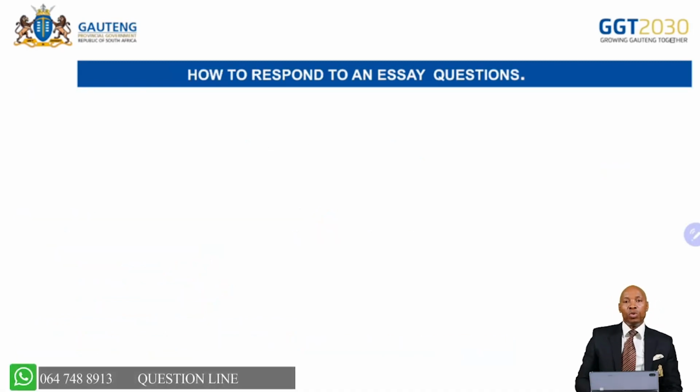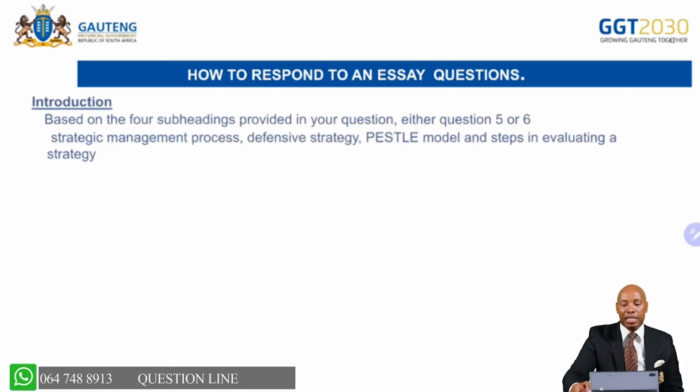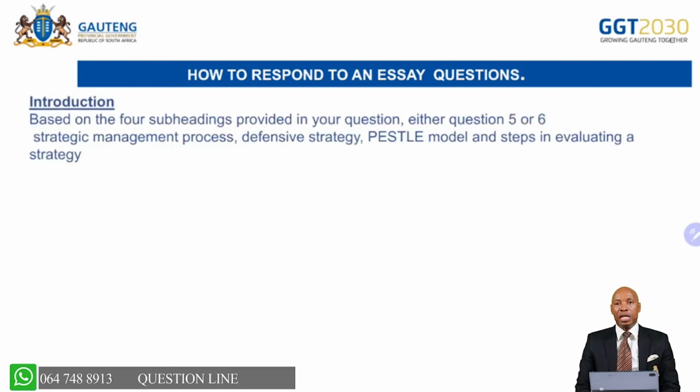Now here, we're looking at how to respond to an essay question, which is important, candidates. It is very, very much important to know how to respond to an essay question. Right now, your essay must have an introduction. That introduction, you must introduce your essay by using any of the 4 subtopics.